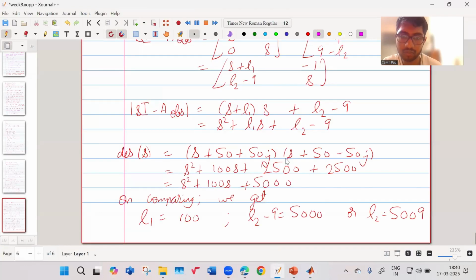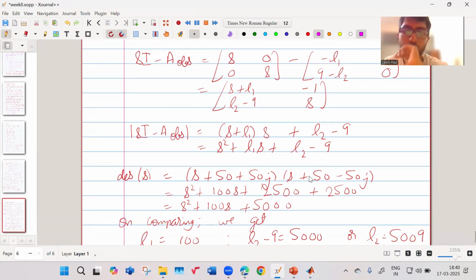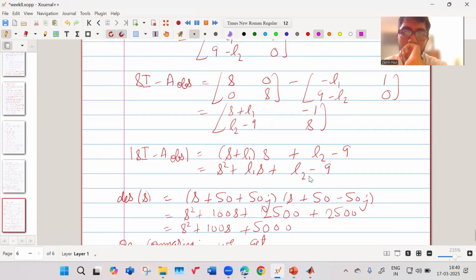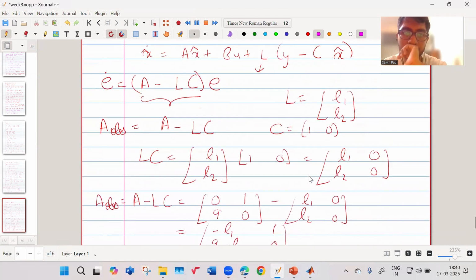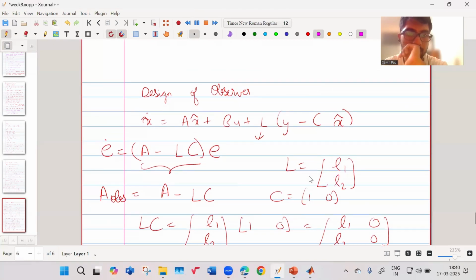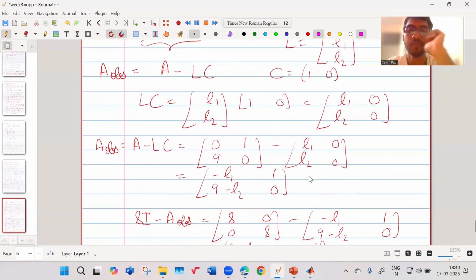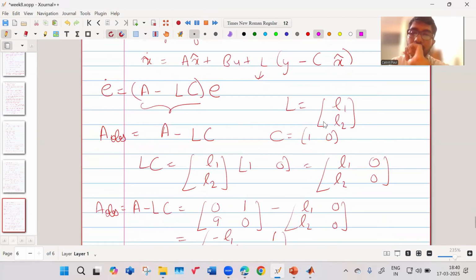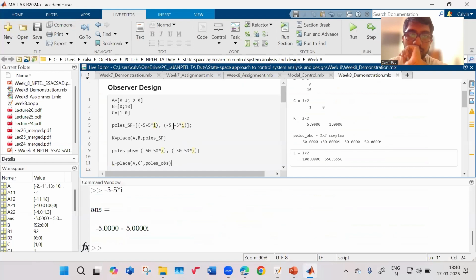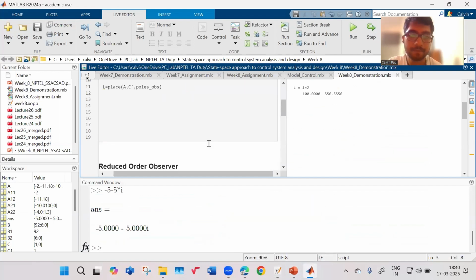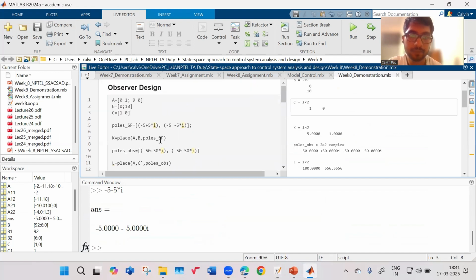What did we get L to be? L1 is 100 and L2 we have got a bit different. A minus LC, 0 1 9 0, L1 L2, C. What is our C? 1 0. Check again.